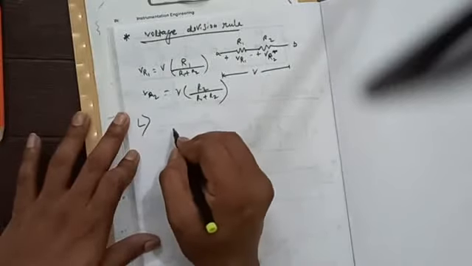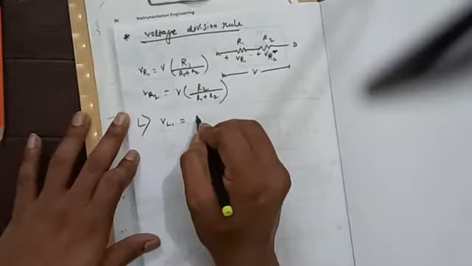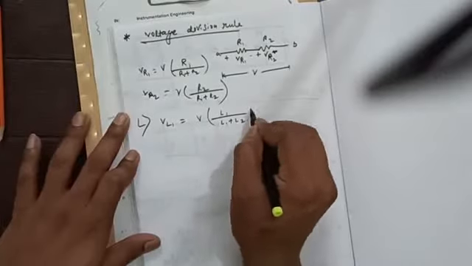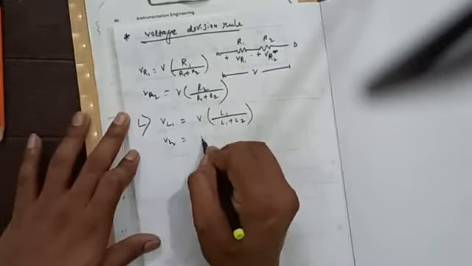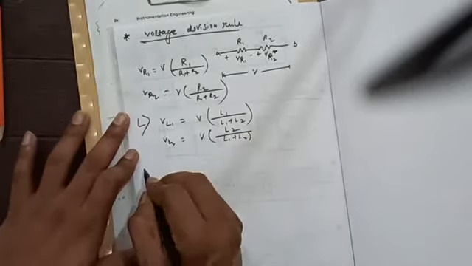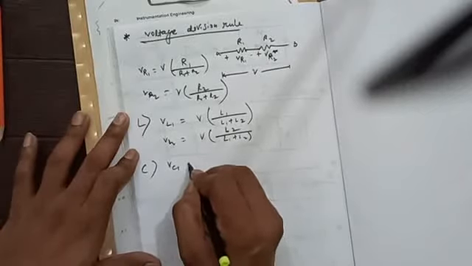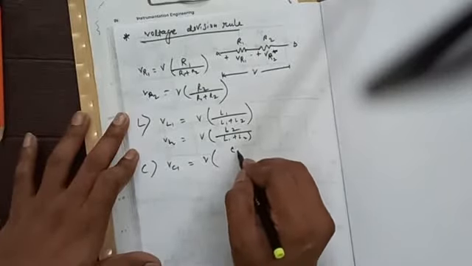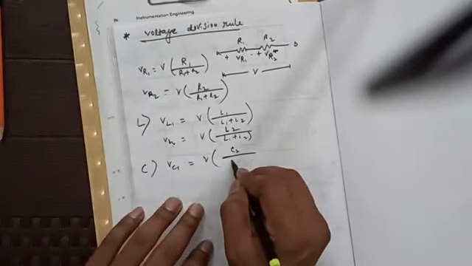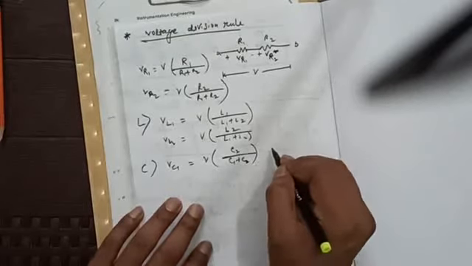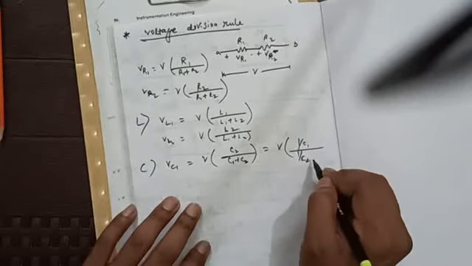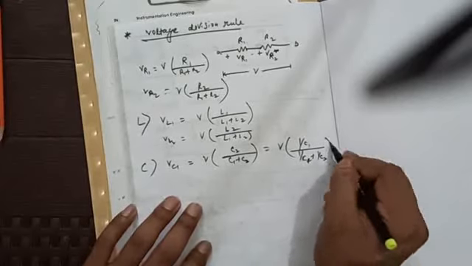In case of inductance, VL1 is equal to the net voltage times L1 divided by L1 plus L2. VL2 is equal to the total voltage times the same inductor divided by the sum of the inductors. In case of C, VC1 is equal to the net voltage times 1 over C1, the opposite of the resistor case, divided by the sum; you can write it in another way, net voltage times the same C divided by C1 plus C2.